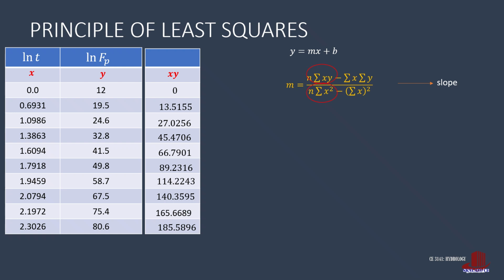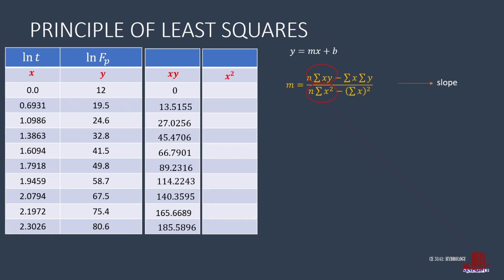There is another entity of x squared, which requires another column, starting with the square of 0, which is 0, followed by the others until the square of 2.3026, which is 5.3020.